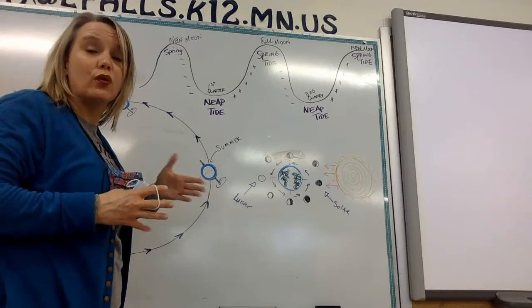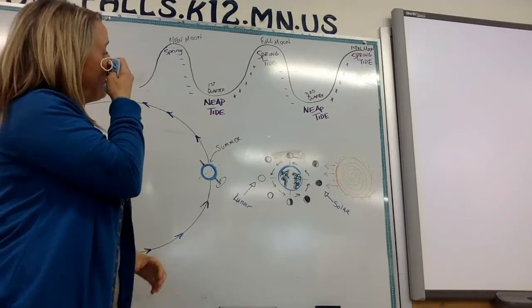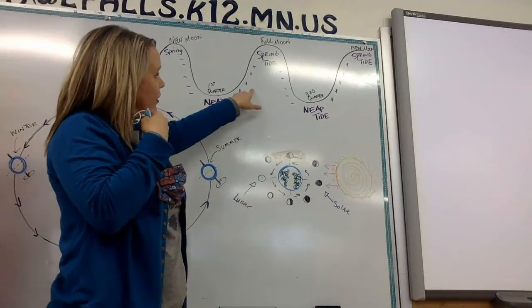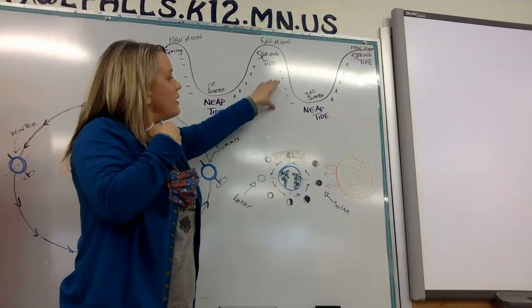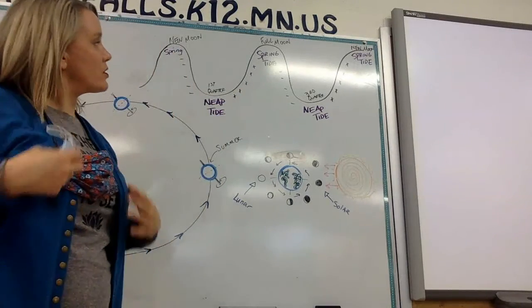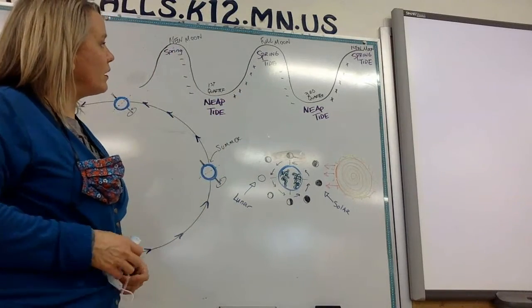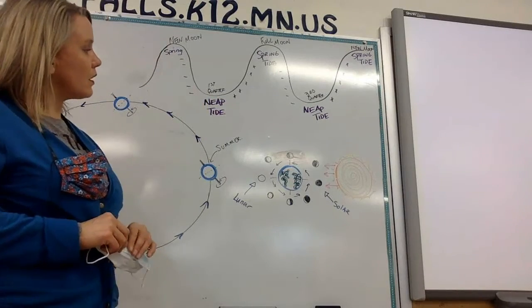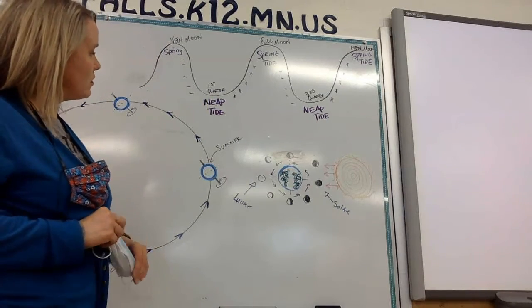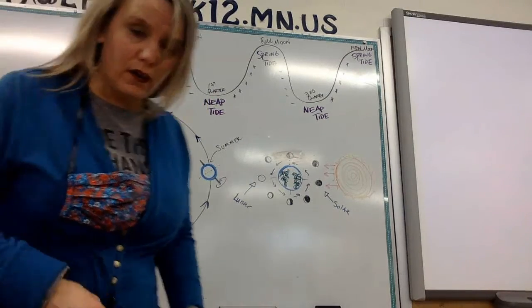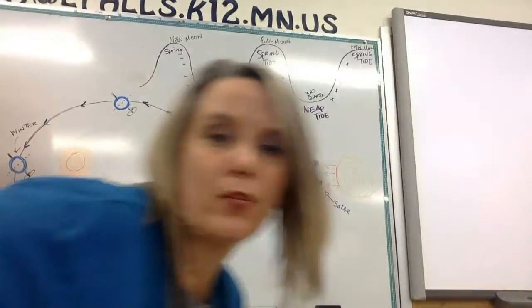You might not even notice that there's a big tide there, okay? And then it increases in tidal range up until the full moon, and it decreases in tidal range to the third quarter. All of that has to do with where the moon is in relationship to the sun and the earth.